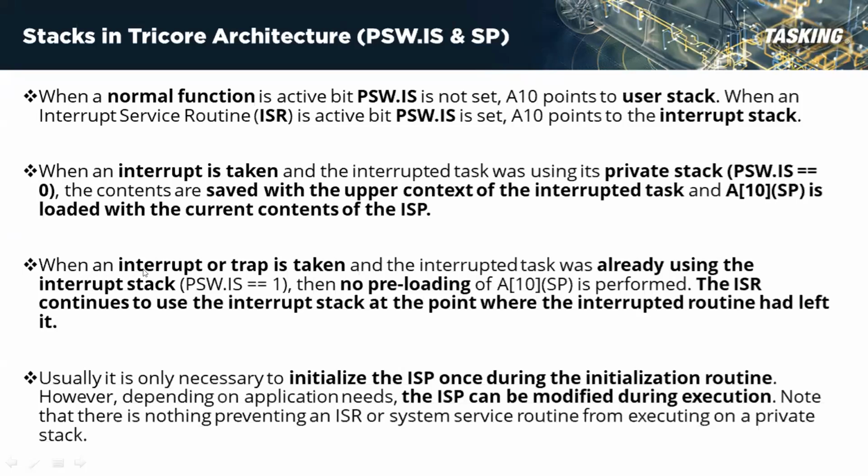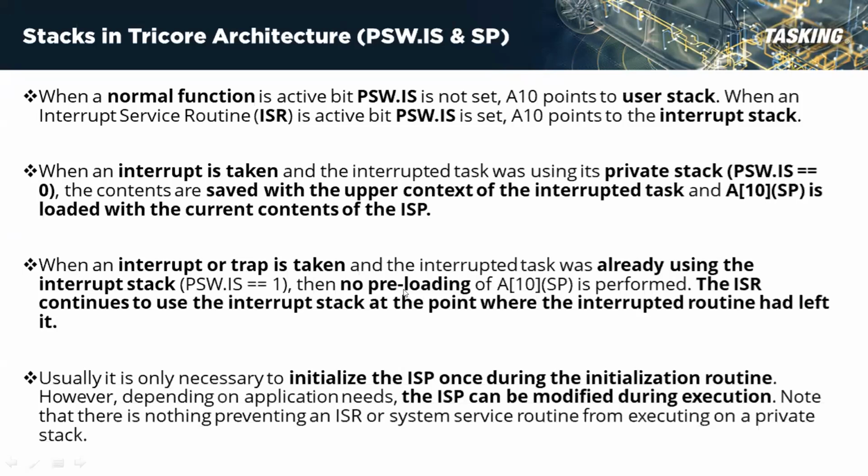When I'm executing an interrupt or a trap, it really doesn't matter here if it's an interrupt or a trap, and I'm already executing a trap, or I'm in the middle of execution of a certain interrupt, I can control this by checking this interrupt stack equal 1.